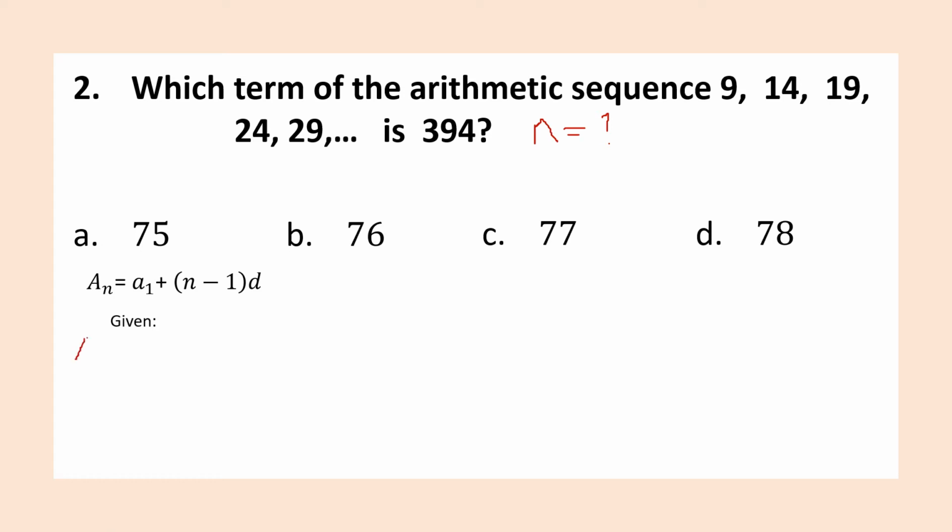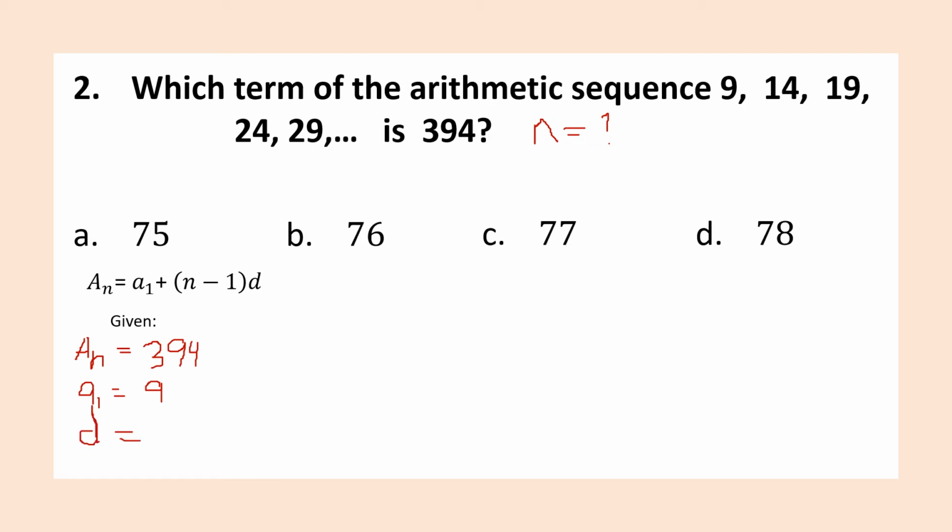Meron na tayong a sub n, yung last term, which is 394 or yung ating nth term. And then, yung first term, okay, sundan nyo lang po yung mga letters ng formula para hindi tayo malito. So, a sub 1 is equal to, yung first term natin ay 9. Okay, given po yan. Then, yung n natin, yun yung nawawala. Then, d is the common difference.